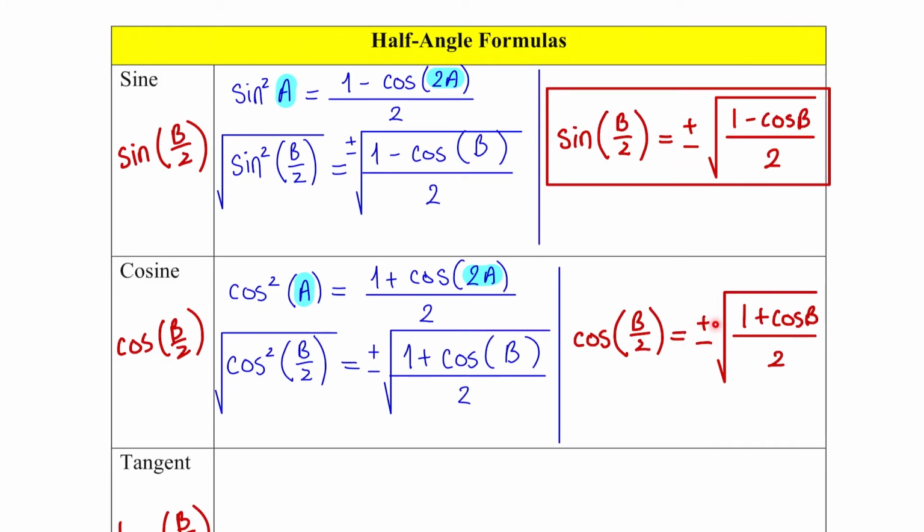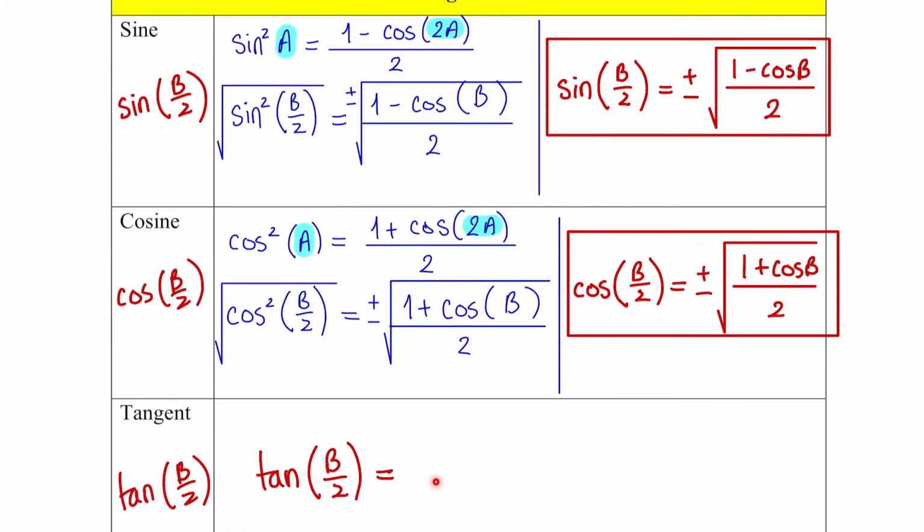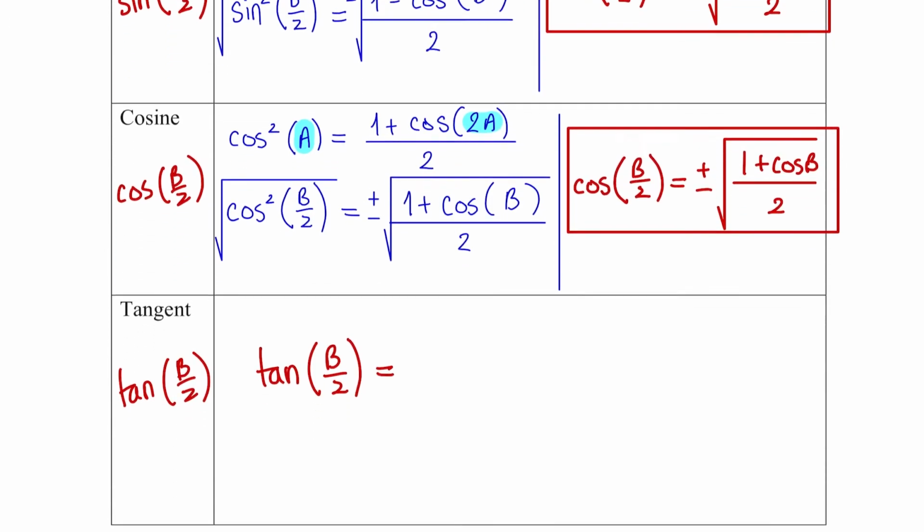Again, you have to choose either plus or minus that is corresponding to your angle. For tangent of b over 2, I am taking sine of b over 2 divided by cosine of b over 2, which is plus or minus square root of 1 minus cosine b over 1 plus cosine b.